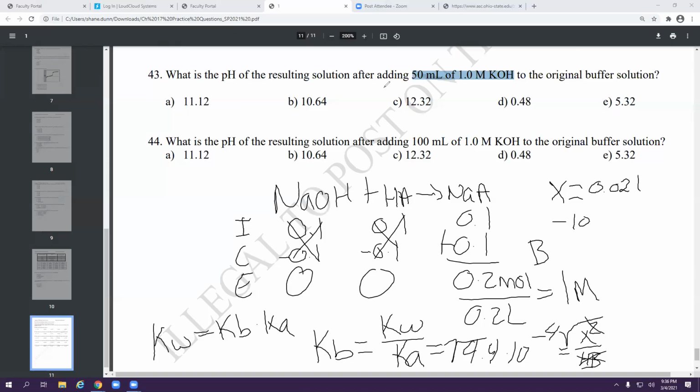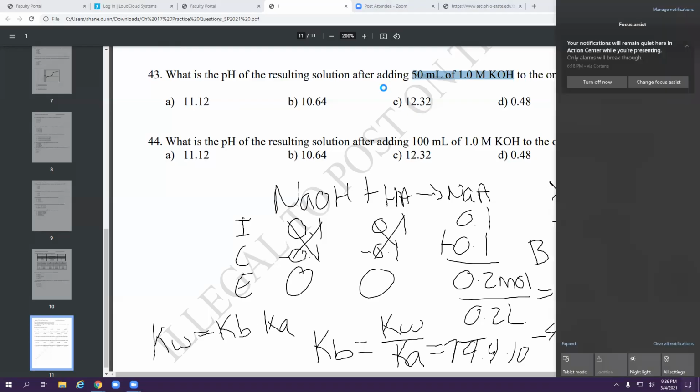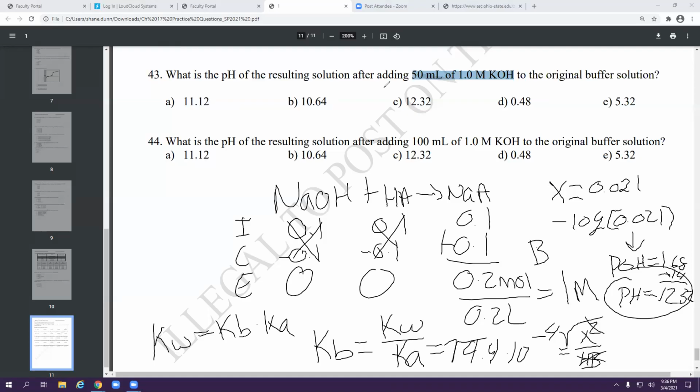The negative log of 0.021 will give you a pOH value of 1.68. pH is equal to 14 minus that, and you'll get 12.32. Whoops, 12.32. That's how I get that answer.